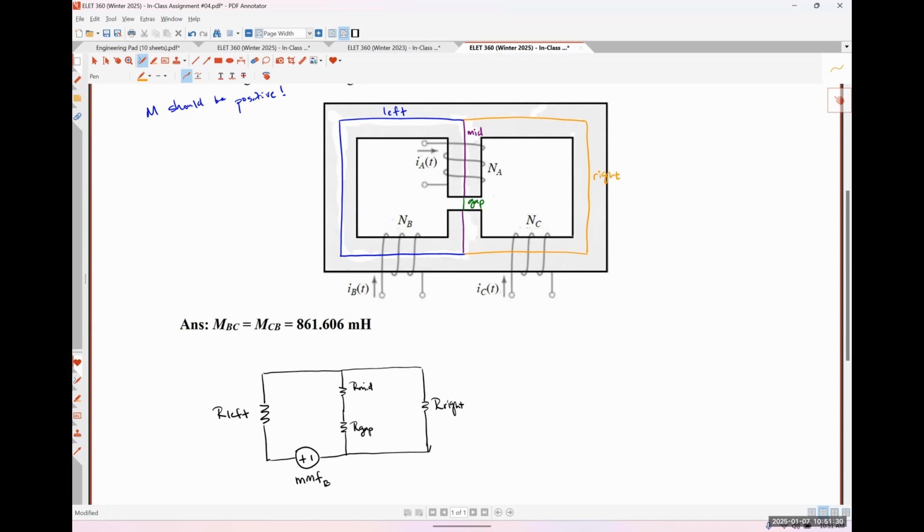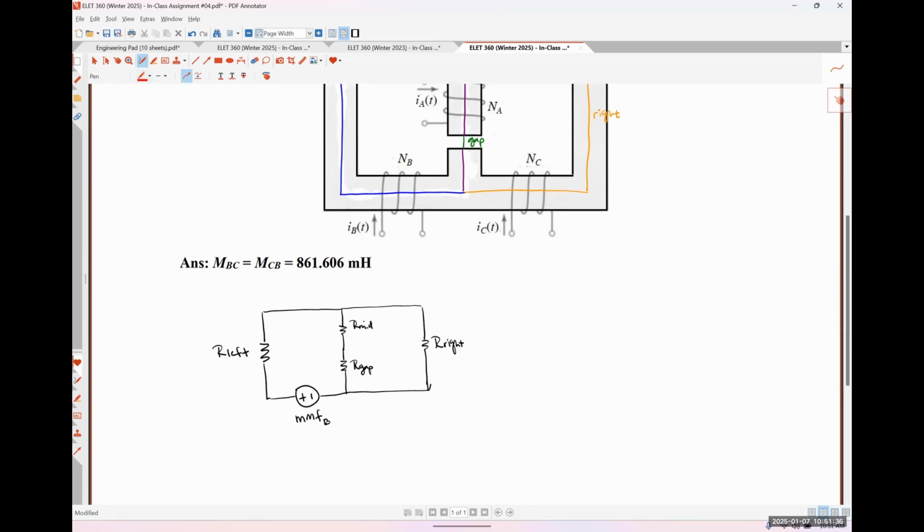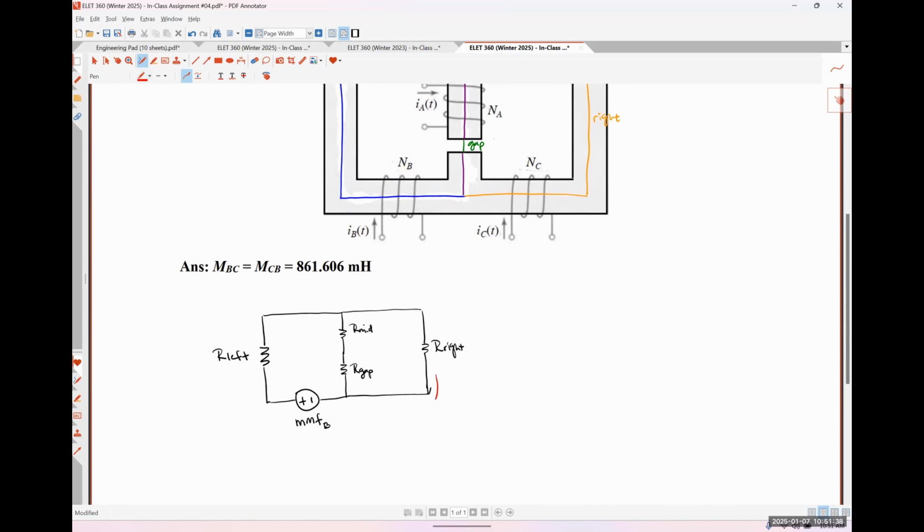Realistically, what we are interested in, because I feel like this is what your question was about to be, is that we are trying to find this flux here, which I'm going to label phi BC. That subscript means it is the flux generated from coil B that is flowing through coil C.